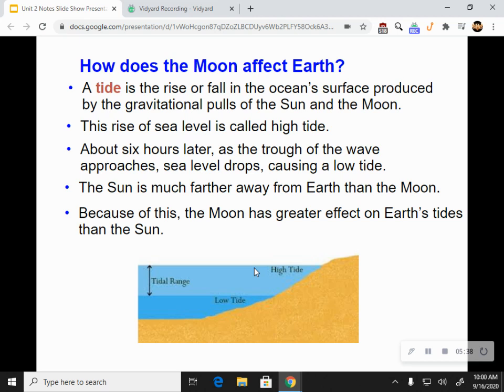So we have a high tide, and 6 hours later, we have a low tide. The sun is much further away from the Earth than the moon. This creates the tides on the Earth. As the moon is closer, you have a high tide, and as it gets further away, you get a low tide.